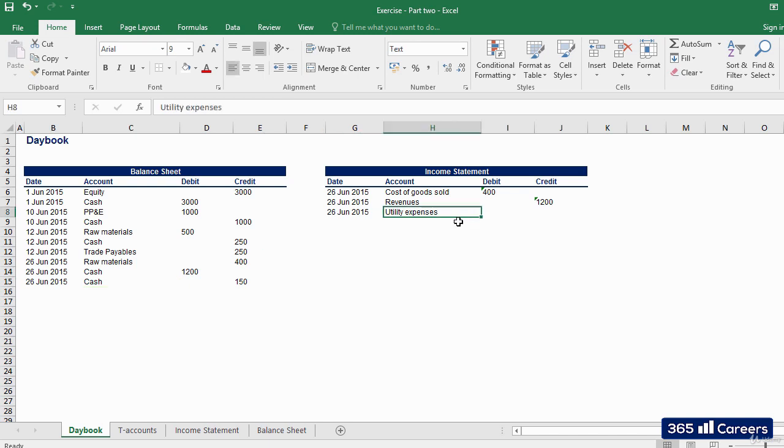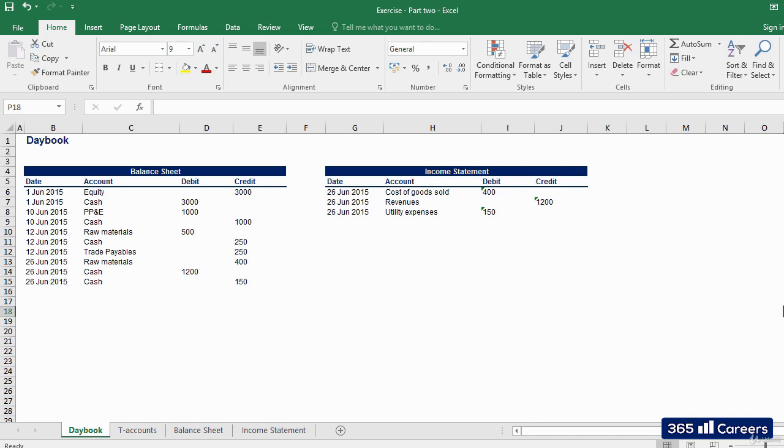Then, in order to respect the double entry principle, we have to include a counterpart entry. As I said, we will have a P&L account named Utility Expenses. It is a cost for the firm. When costs increase, we debit the account. Hence, I will debit the Utility Expenses account by $150.